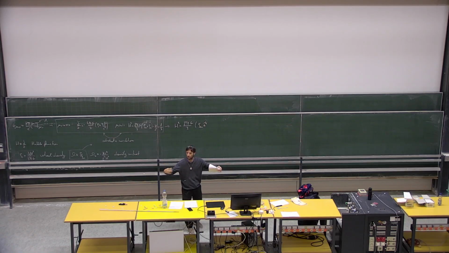We have a volume dilution of the photons, so the number density is decreasing with the power of 3 with respect to a. So it's a volume dilution. The volume is growing. And another factor of a to the power of minus 1, because the photon frequency is stretched, sort of, and therefore their energy is going down, okay? So this gives you a total contribution of a to the power of minus 4.